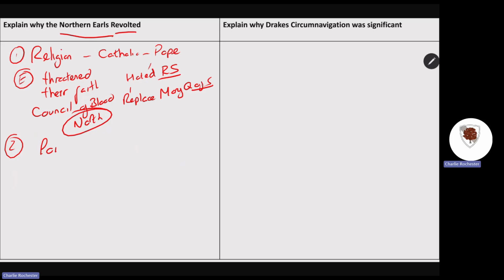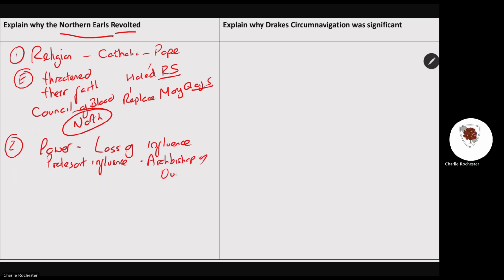Two was because of power and their loss of influence. Elizabeth replaced a lot of them with key Protestant people, such as the Archbishop of Durham, who became a Protestant. They wanted to regain their northern power.